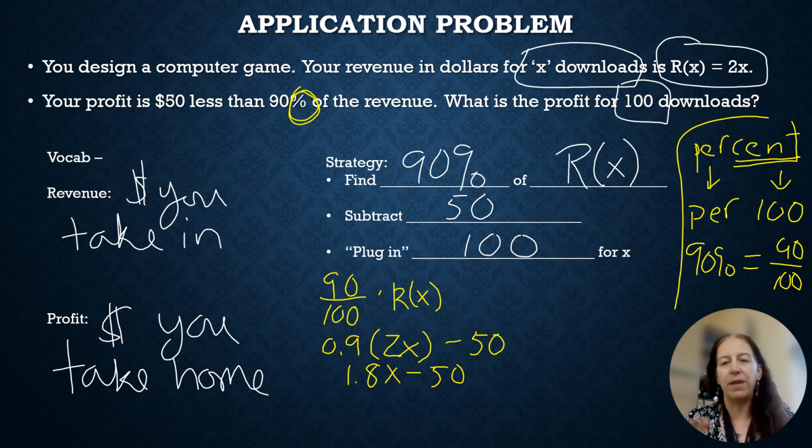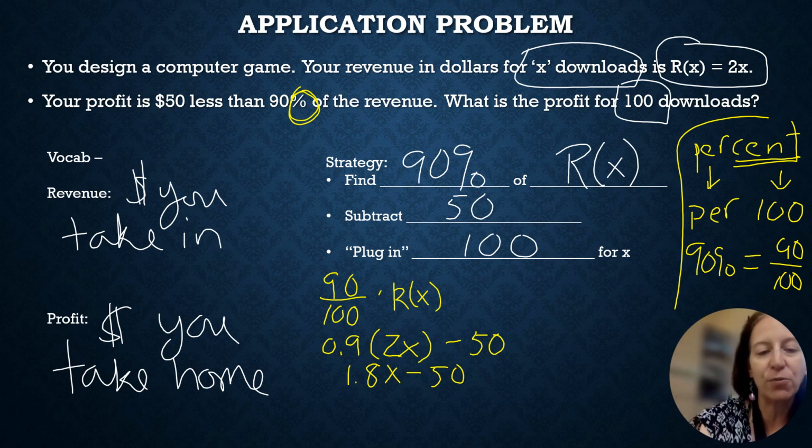Now, the transformations part is multiplying by the 0.9 and then subtracting the 50. So what you're doing is compressing it and moving it down. You're going to smush it down, and then slide it down 50 units on the coordinate plane.